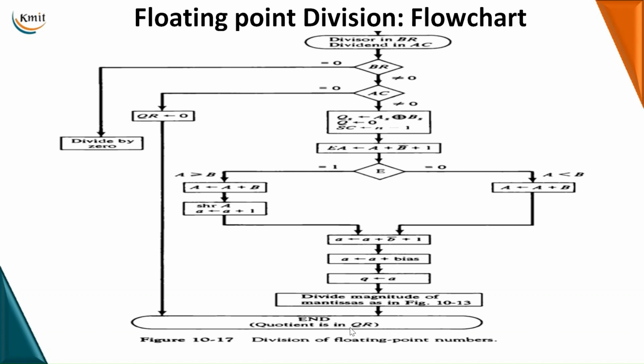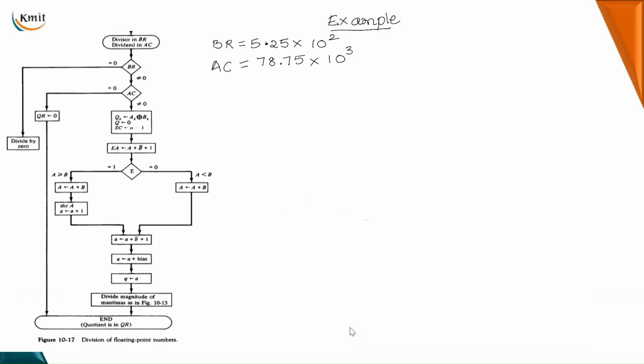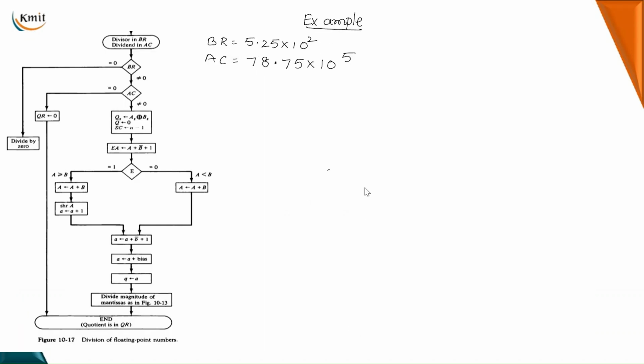Now let us see this flowchart with the help of an example. I have two operands: the divisor, stored in the BR register, is 5.25 into 10 to the power of 2, and the dividend, stored in the AC register, is 78.75 into 10 to the power of 5. The first step of the algorithm is to check for zeros. I have to perform the division of 78.75 into 10 to the power of 5 divided by 5.25 into 10 to the power of 2.